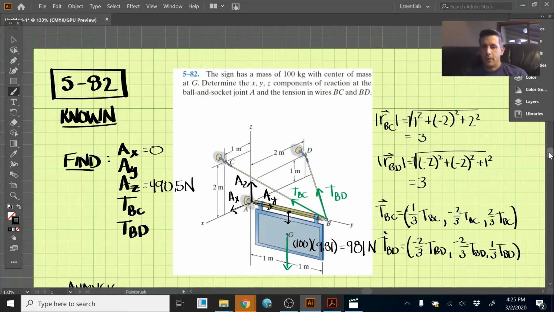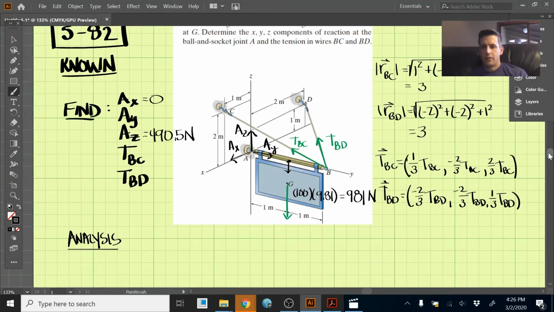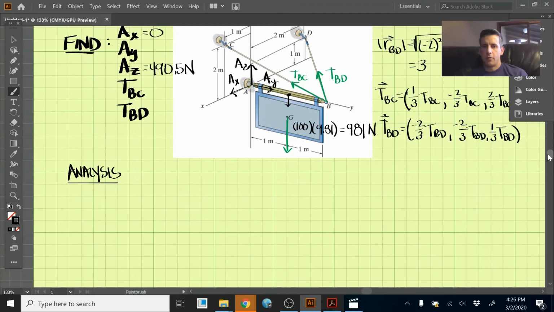Okay. So in the first part of the problem, we used moments. We could do that again in the second part of the problem, taking the moments about A if we wanted to. But let's just do sum of the forces here. So let's take the sum of the forces in the x direction, and since this is an equilibrium, it must be equal to 0. Okay. So in the x direction, we have AX, which we've already found is 0. So we can write 0 there.